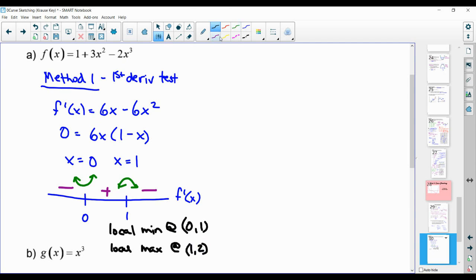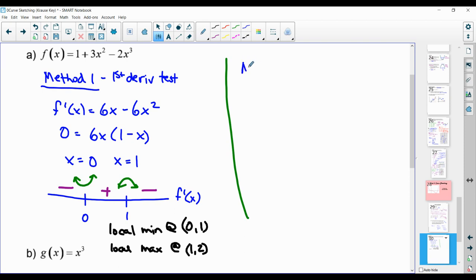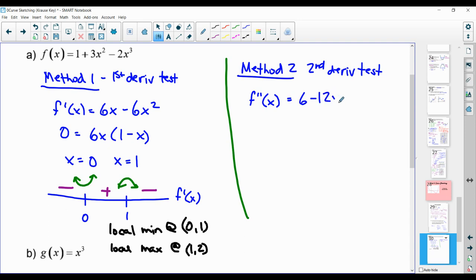All right, now if we try the other method, method 2, the second derivative test, we take our second derivative: f double prime of x equals 6 minus 12x.